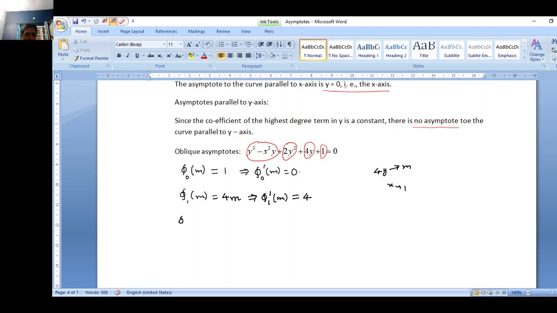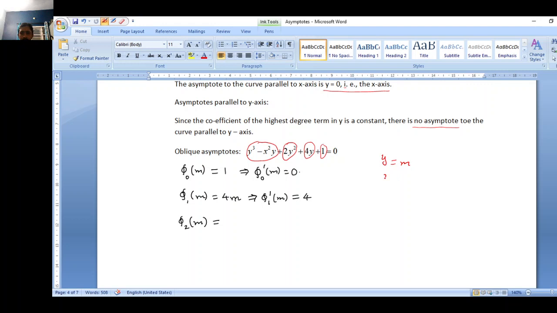Similarly, go for phi 2 of m. What is phi 2 of m? Again, there is only one term. In this, replace every y by m and every x by 1. I'll write that rule here so that you can remember it very easily.